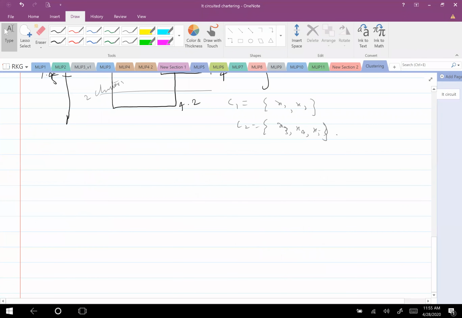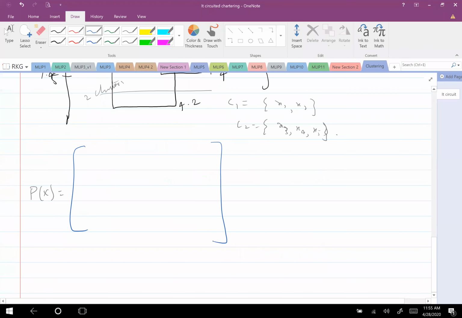Yes, sir. Fine. If this process is understood, now I will give a similarity matrix. Based on the similarity matrix, I suggest you form a dendrogram before the next class.